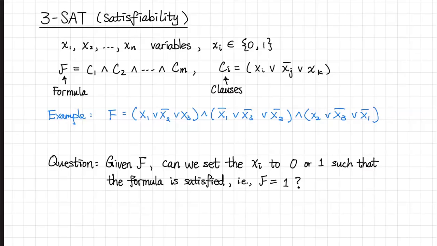If you look at this example, if I set all the values to 0, is this formula true or false? Looking at the first clause, is it 1 or 0? It's 1, because when you negate x2, it's 1. And let's look at clause 2.